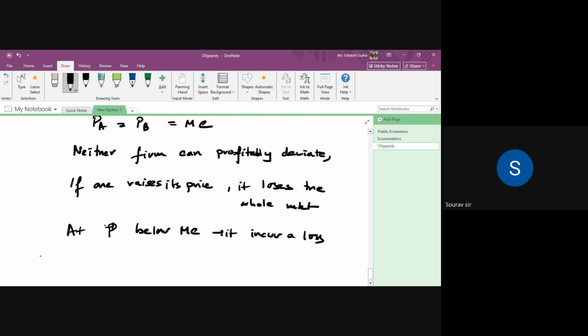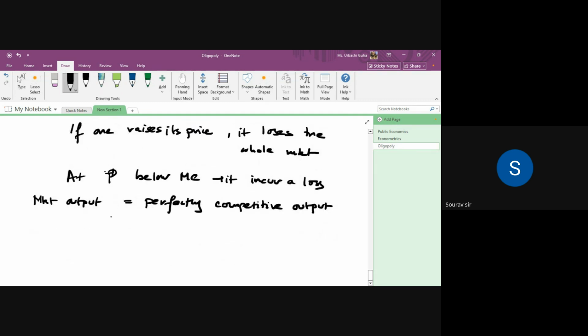Okay. So market output is equivalent to the perfectly competitive output, which I told you in the initial part. And what are the profits? Profits are equal to 0, for both firms.